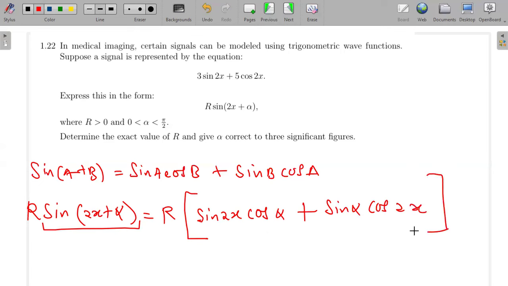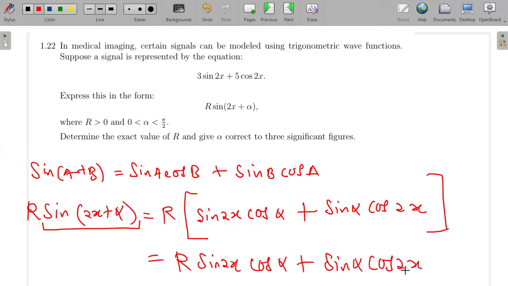This is what I have by the double angle formula. And then from here, we can multiply throughout by r. So this will be r sine 2x cos alpha, since the angle is simply alpha, plus r sine alpha cos 2x.